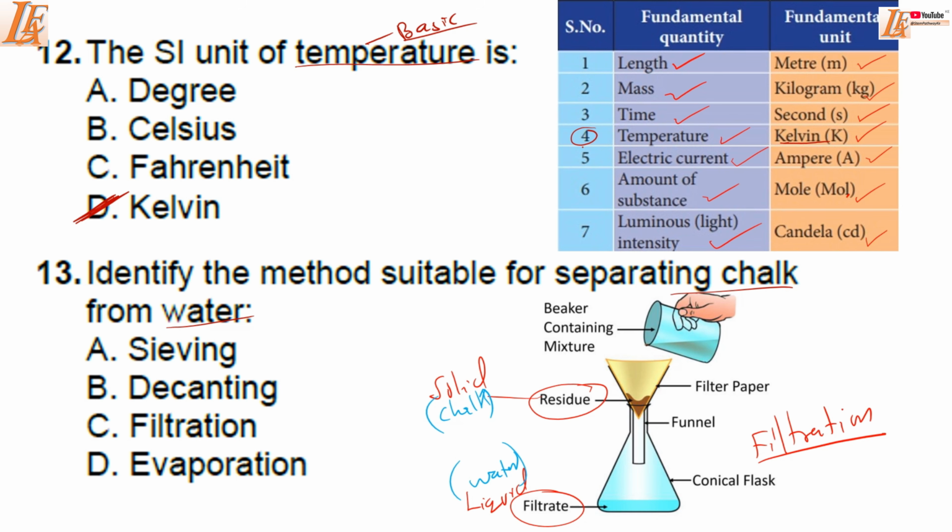Therefore, for you to do filtration, you need a beaker, which will contain the mixture. Then you need a filter paper, which will trap the residue. You need a filter funnel, which will facilitate the process. Then you need a conical flask where the filtrate will drop into. So this method of separation is called filtration, which is C.